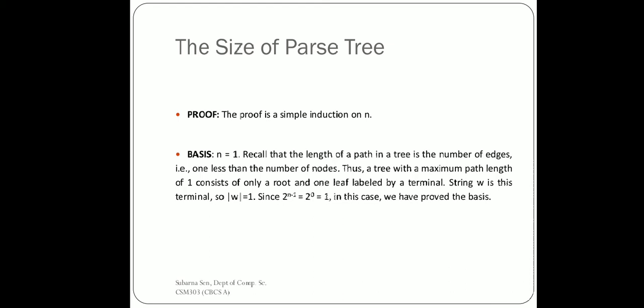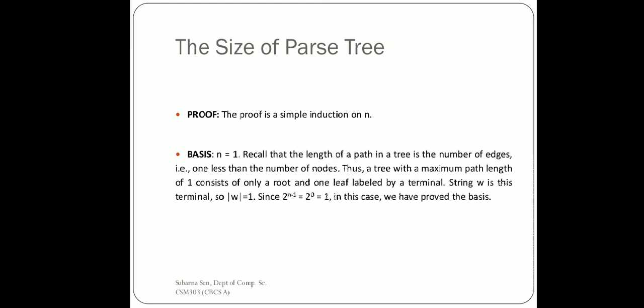So there is a tree with a maximum path length of 1, consisting of only a root and one leaf labeled by a terminal string w.